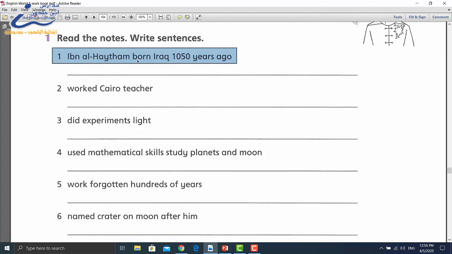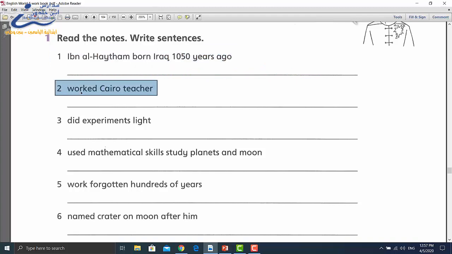So we are going to use these notes to write a sentence. Great. Ibn al-Haytham was born in Iraq 1050 years ago. This is the complete sentence.